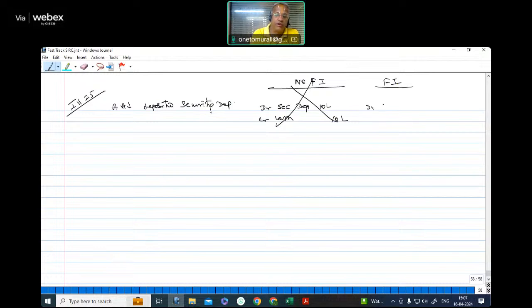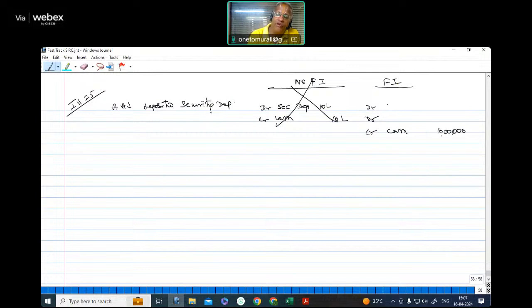So debit what? And credit what? And how has the difference got to be taken up? A Limited deposited security deposit, credit cash 10 lakhs.